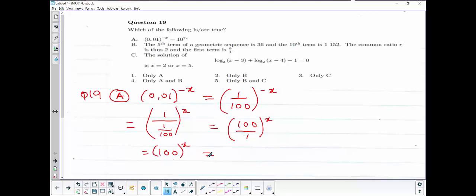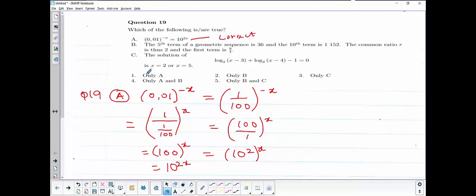We all know that 100 is the same thing as 10 raised to power 2, so we have 10 raised to power 2, bracket raised to power x. When you multiply this 2 by the x, it gives us 10 raised to power 2x. You can see we have the same answer, so automatically this is a correct statement.